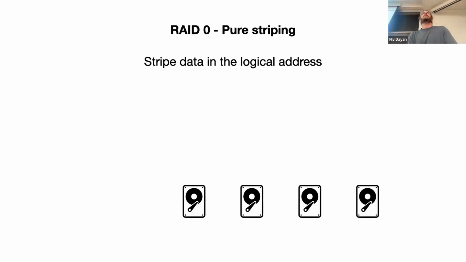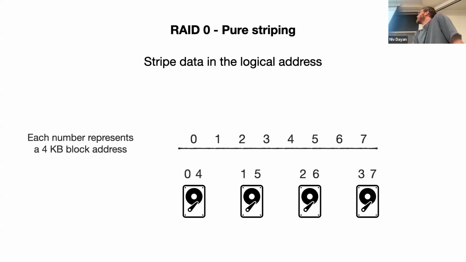The first one is called RAID 0, or just pure striping. This is pretty simple. This here is our logical address space. Each one of these addresses represents some unit of storage, let's say a 4 kilobyte chunk of data.